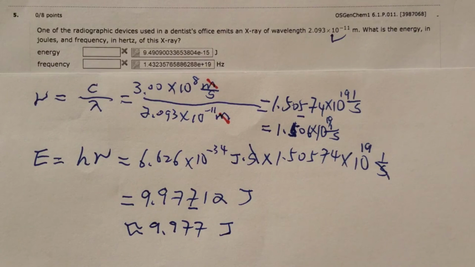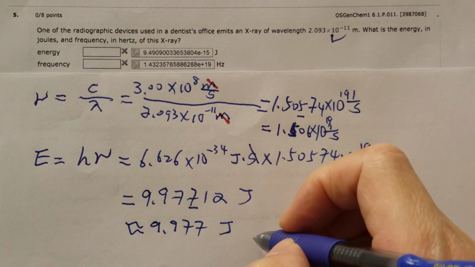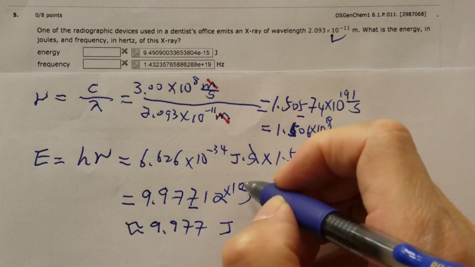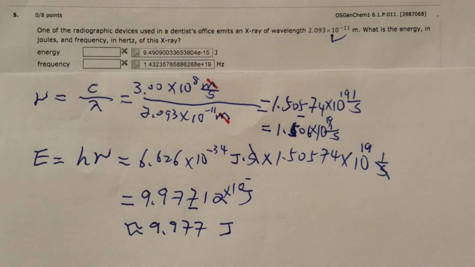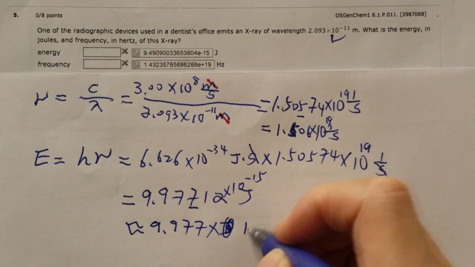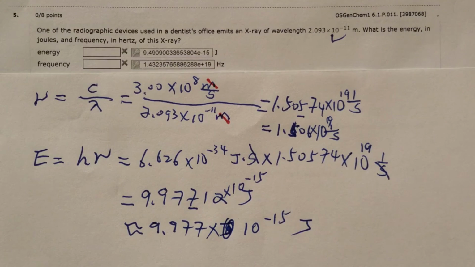So that should be, no, actually again, we can't afford to forget the 10 to the negative 15th power joules. Okay, so that's it. That's for all the 5 questions in chapter 6, energy and matter, homework assignment.